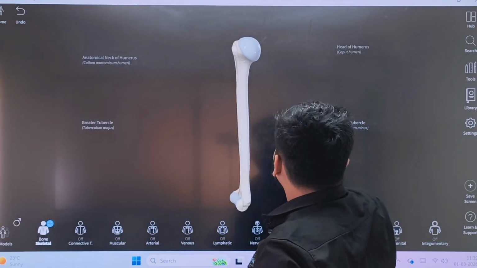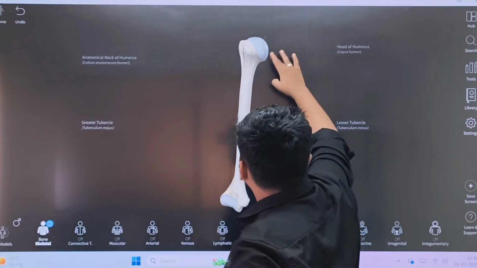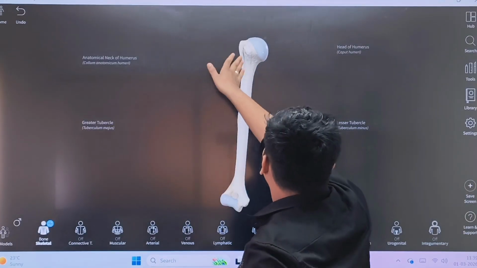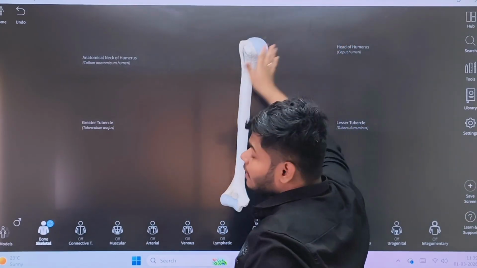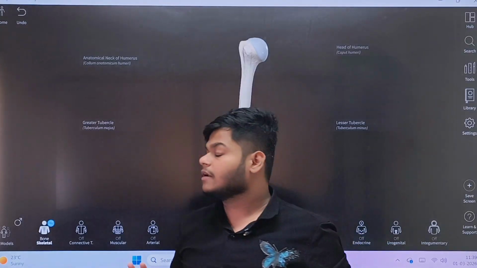Okay, lower end and upper end, there is no confusion, right? Now, when you want to see the medial end and the lateral end, the head is directed towards the medial end. This is the head and it is directed towards the medial side.